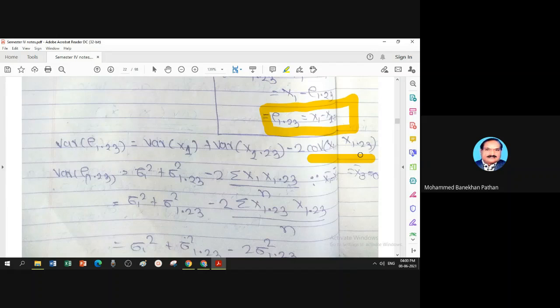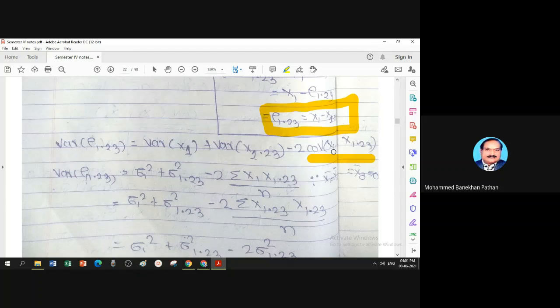But in this chapter, we assume that variables are measured from the mean, so mean of x1 equals mean of x2 equals mean of x3 equals 0, and ultimately the mean of x1.23 is also 0. So this product term is not written in the covariance definition.